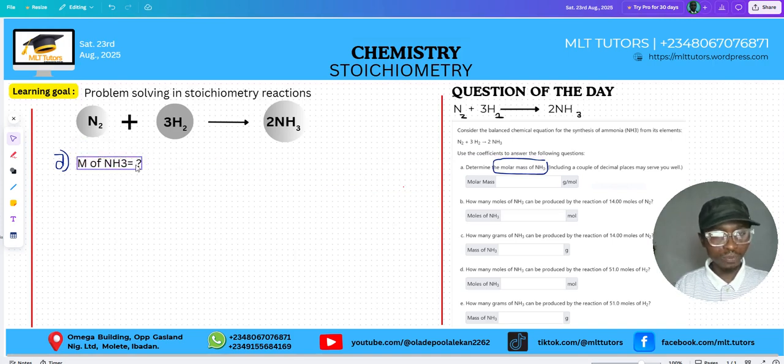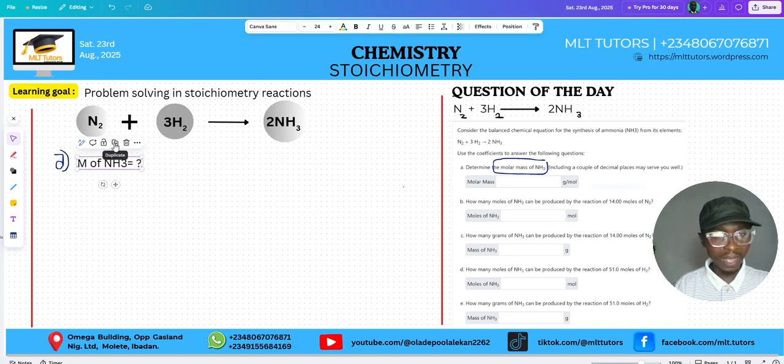Then how do we get molar mass? To get molar mass, we are going to need the relative atomic mass of the elements involved. The relative atomic mass of nitrogen is actually 14. You don't need to stress yourself on relative atomic mass; if needed, you'll be given. But in this kind of question where we're not given, just multiply the atomic number by 2 for even numbers.